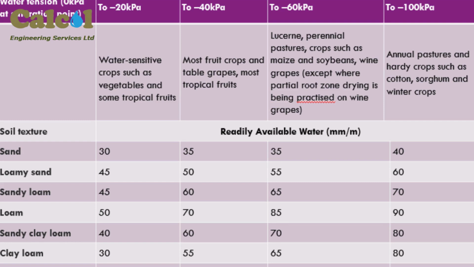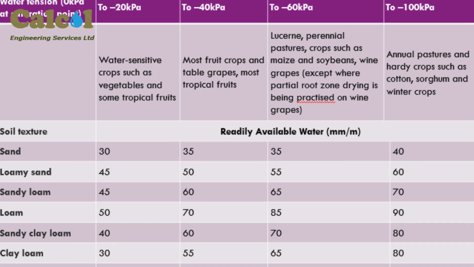So once that is done, you will multiply the thickness of each soil layer by its adjusted raw value. So if, for example, you identified 30, based on the example from the table, that your soil texture is sand, and you are dealing with a water-sensitive crop like vegetables.